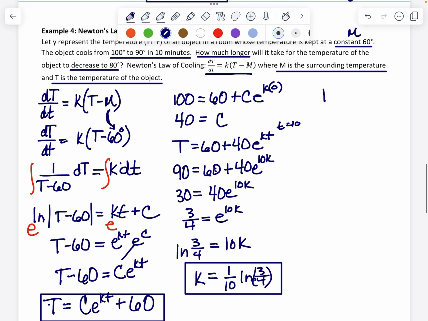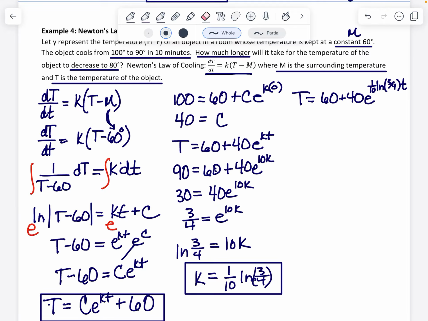So we start off like this: T is equal to 60 plus 40, and then it is e to the, and I'm going to make this a little bit bigger, 1/10 ln of 3/4 t. Okay, so we have everything in there, and so we're going to put the 80 in for T.